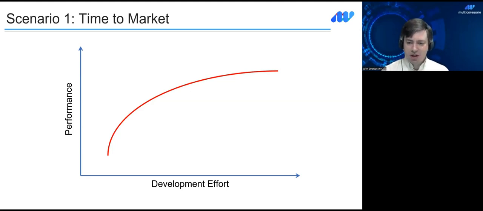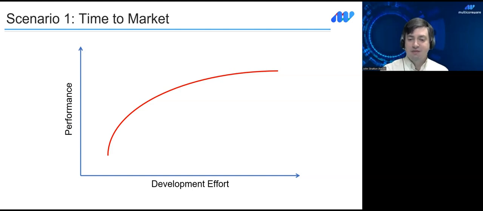So for time to market, one scenario that happens fairly often is you've got some kind of product, whether it is a real-time video processing system, a real-time inference system, whatever it is, there is some development effort performance curve for that particular project.